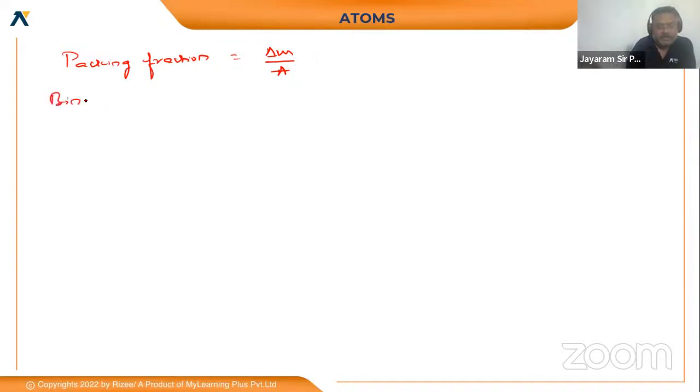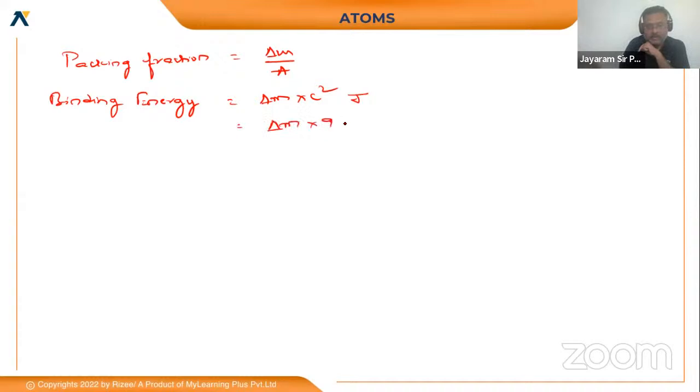Next one, binding energy. Binding energy is equal to delta m into c square. That is, the mass defect converted into binding energy, in terms of joules. Or the same thing can be written as delta m into 931.5 million electron volts. So these are the binding energy conditions.